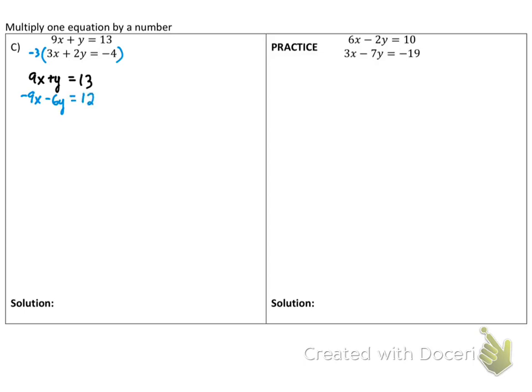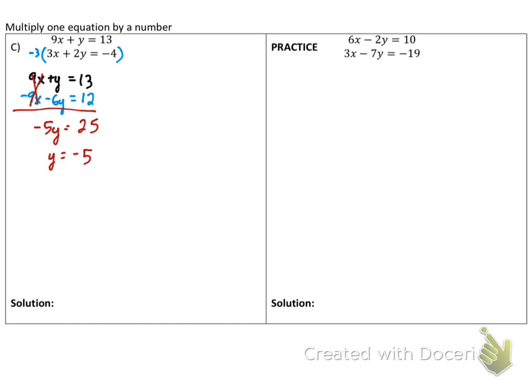Now from there, I'm going to add these equations down, and the x is going to get eliminated. And so next I've got y minus 6y, that's negative 5y. And I have 13 plus 12, and that's going to give me 25. If I divide by negative 5, y equals negative 5. And then I just pick an equation to plug back in and solve for the x.